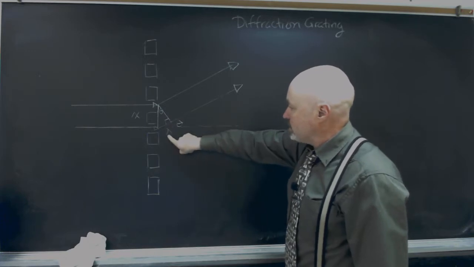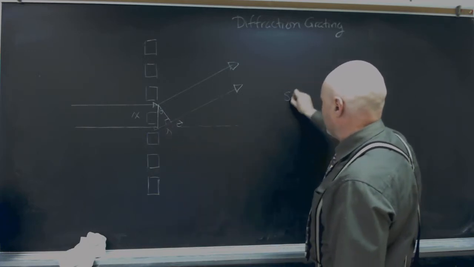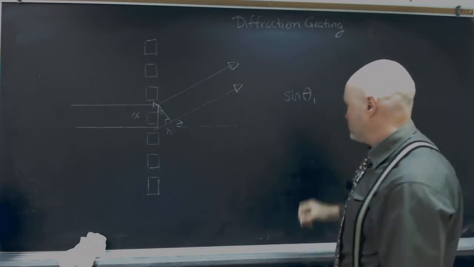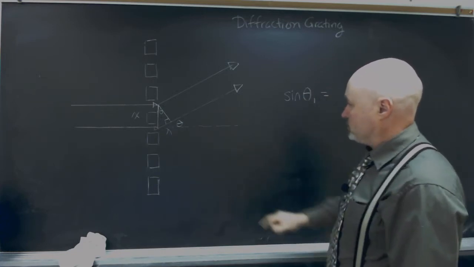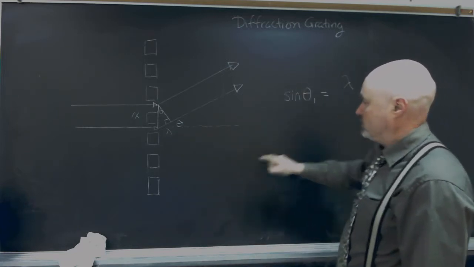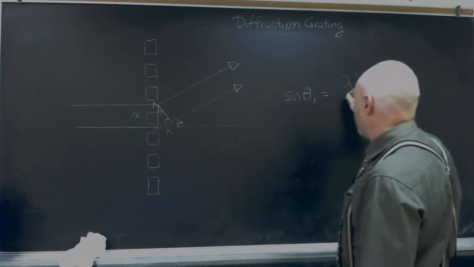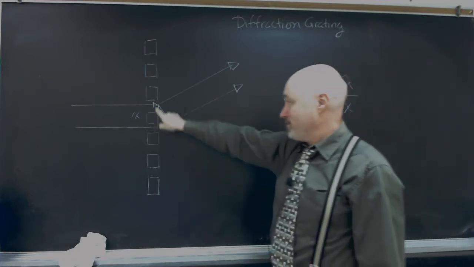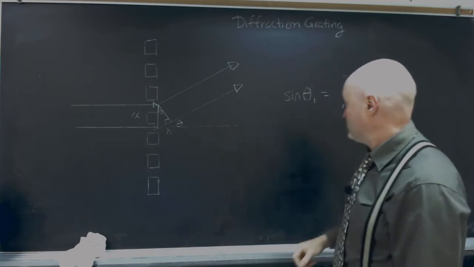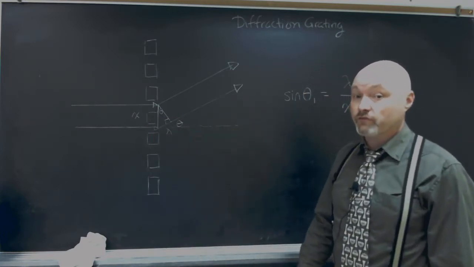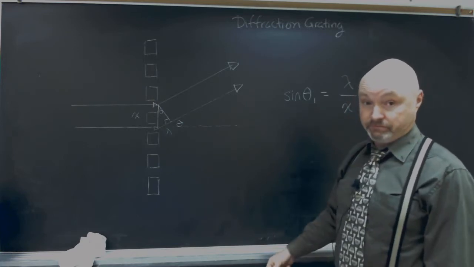Notice that opposite this angle is lambda, and so I just say, oh yeah, sine theta, for the first bright fringe, is going to be equal to lambda, the opposite, over the distance between the slits. And so this is also going to be the angle to the first bright fringe.